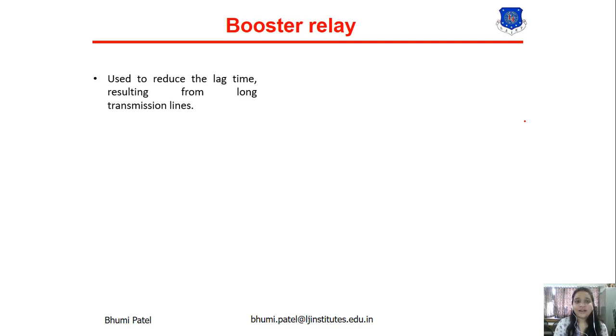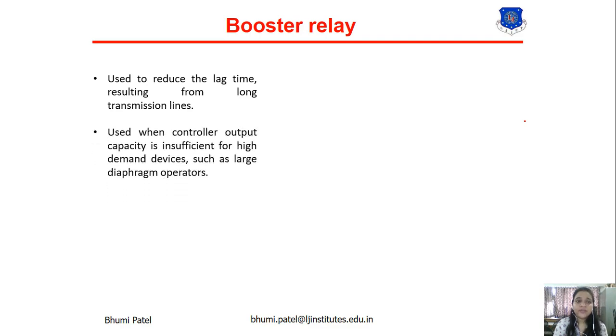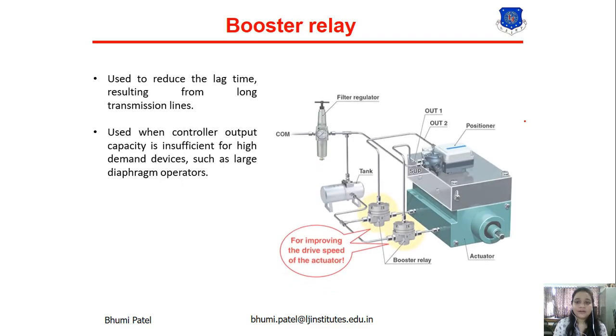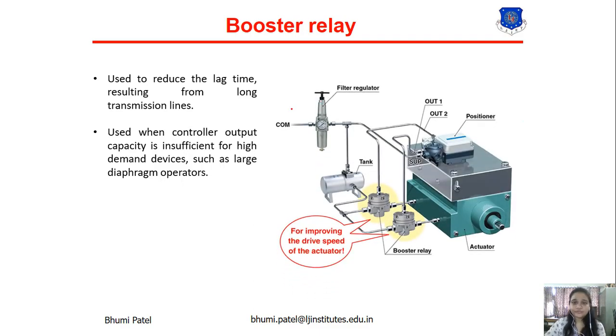If we connect the booster relay, it is used to reduce the lag time. It is also used when controller output capacity is insufficient for high demand devices such as a large diaphragm operator. So this is the booster relay connection. Here you can see that this is the common port.